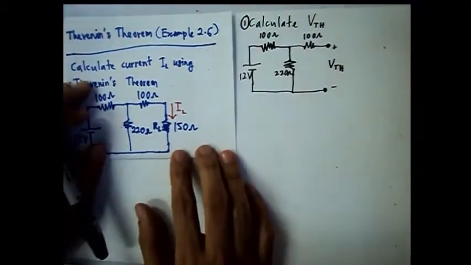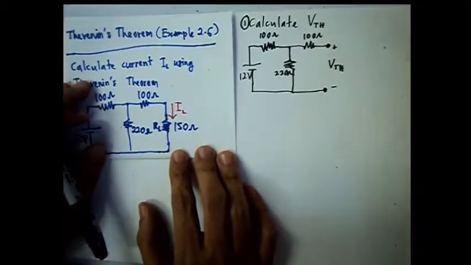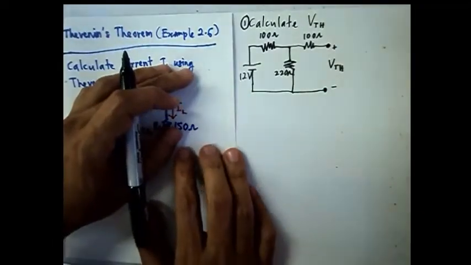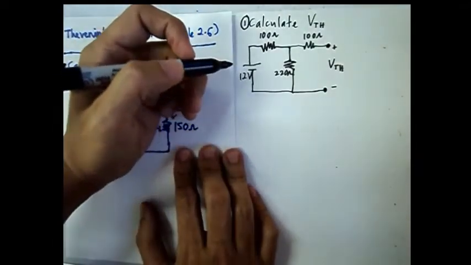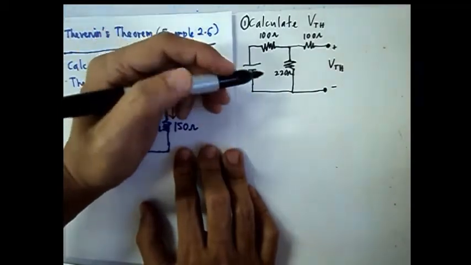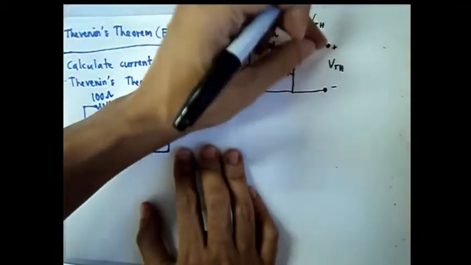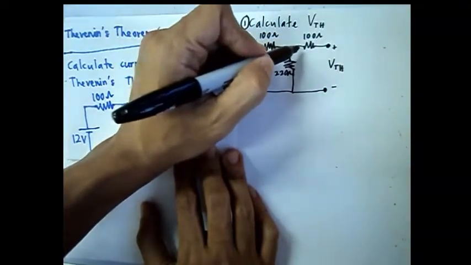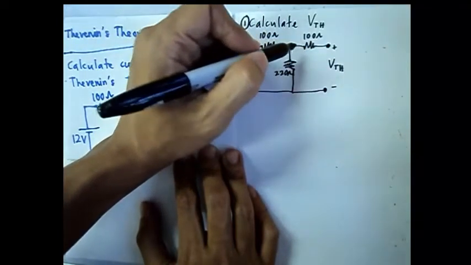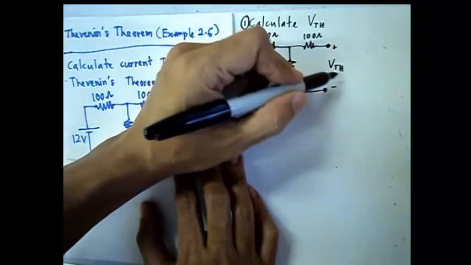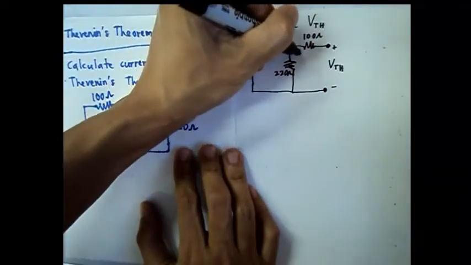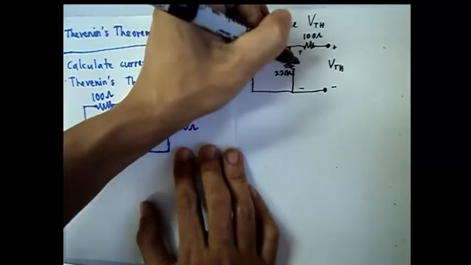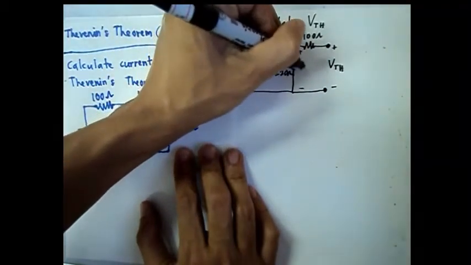By using your previous knowledge on electrical circuits, we know that if we open this point, there will be no current flowing through the 100 ohm resistance here. Therefore VTH here actually is the same as the voltage drop across the 220 ohm here.